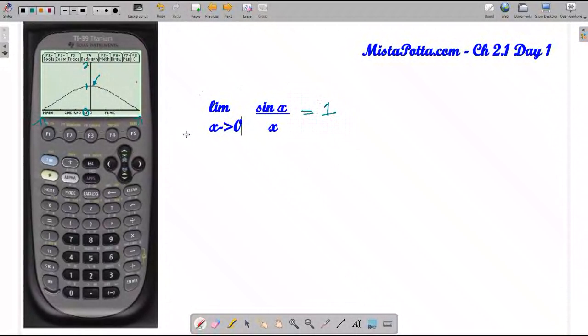Now, at this point, this is not something that we're prepared to prove. We'll talk about this later in the book. But right now, this is definitely something that we need to memorize, because we can use this as an additional tool in our repertoire of how to solve limits.